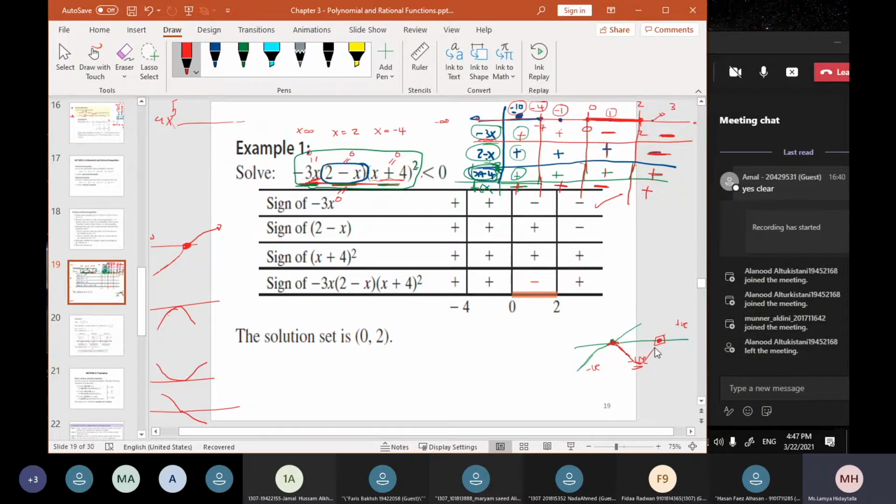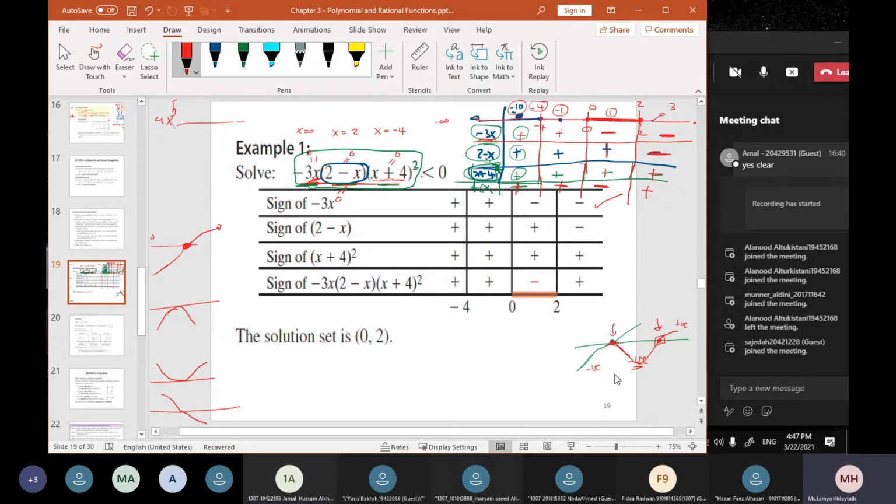So the function will be equal to 0 and then change to positive. So to know where the function is positive and where it is negative, it is important to find these points, which are the x intercepts. We need to find the x intercepts and test the function before these points.